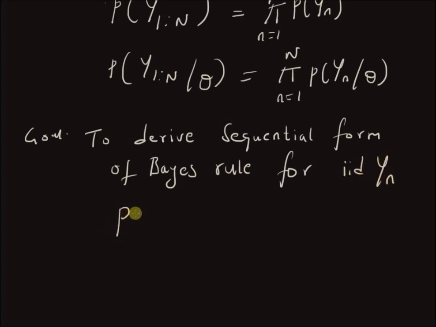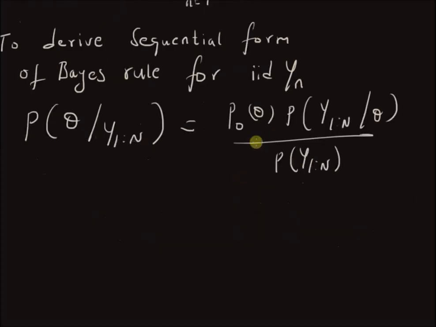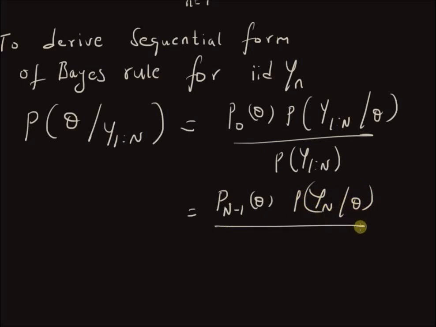That is, we want to derive that the PDF of the unknown variable, the hidden variable theta, given the n measurements, is equal to P naught of theta, that is the prior of theta, multiplied by the likelihood y1 to n given theta divided by P of y1 to n, that is the evidence. And the sequential form for this Bayes rule is given by P of n minus 1 theta into P of yn given theta, that is the current prior multiplied by the likelihood of the latest measurement divided by the evidence from the latest measurement.